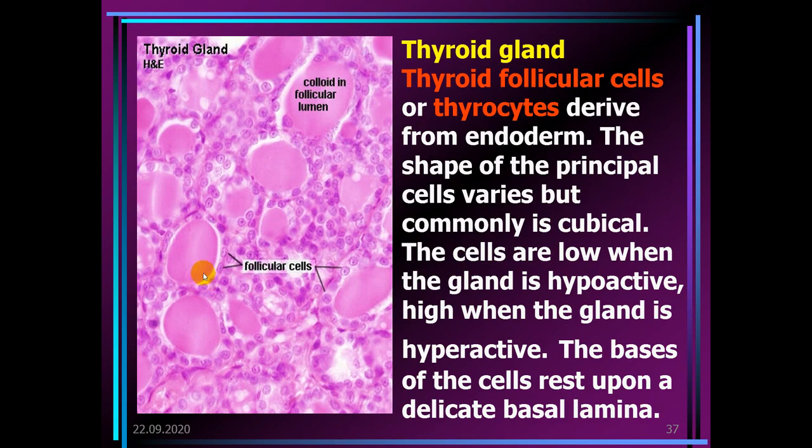If hypofunction takes place, these cuboidal cells change into flat cells. Hypofunction means that cells become lower and show us hypofunction.